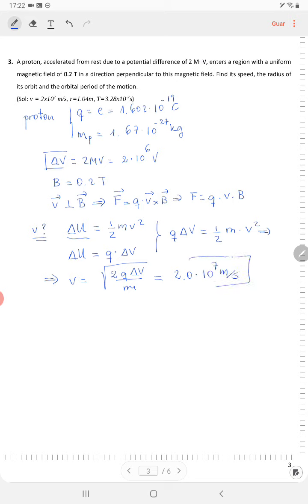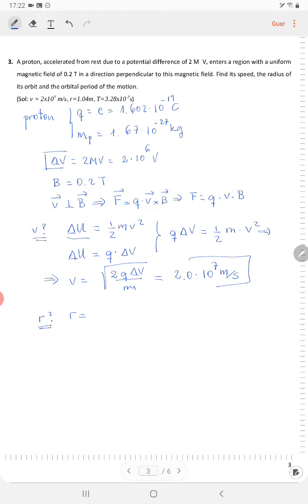Okay. The other thing that we ask is the radius of its orbit. So we know that once it enters, it's going to go through a circular orbit, because it's going to move in a uniform circular motion. So the radius of this orbit, we can get it from our knowledge of what happens when a charged particle enters a region with a uniform magnetic field in a direction perpendicular to this magnetic field.